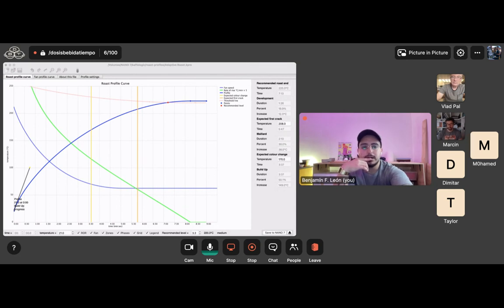So let's say you have coffee at room temperature at 20 degrees, and the roast starts at, I don't know, something like 35 degrees. The roaster will still start the roast at 20-degree coffee, but it will start counting when it arrives at 35 degrees. I don't know if you have encountered that, but I have.